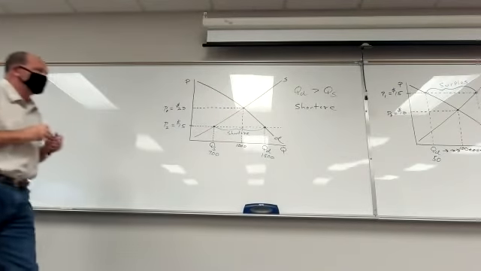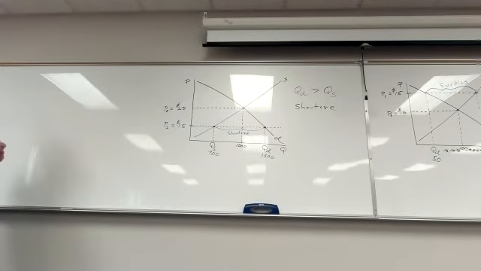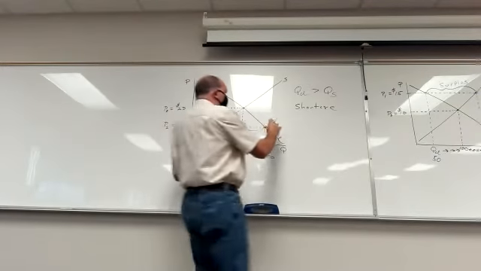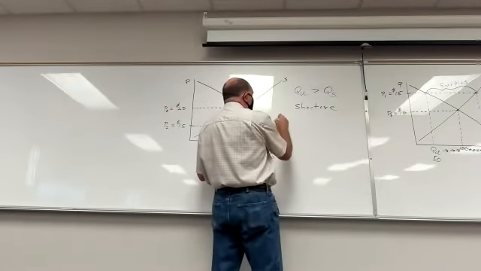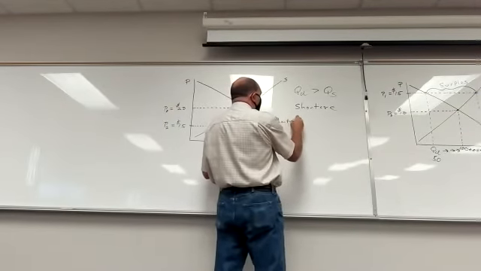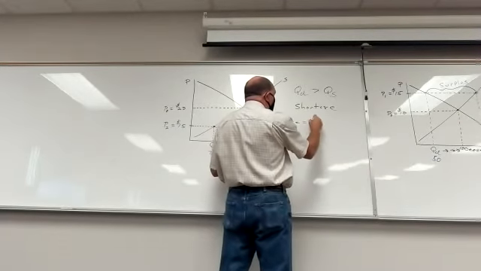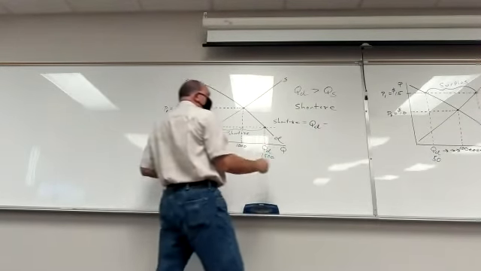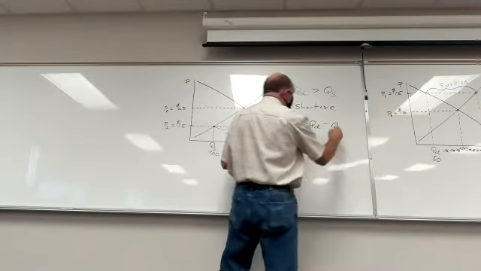So there's your market shortage. So we can actually measure that. So I'm going to do it over here. So the shortage is going to be equal to the quantity demanded minus the quantity that is being supplied.